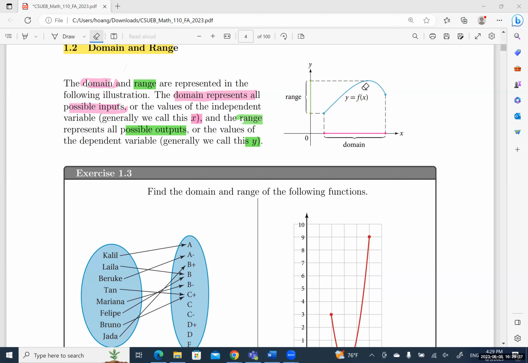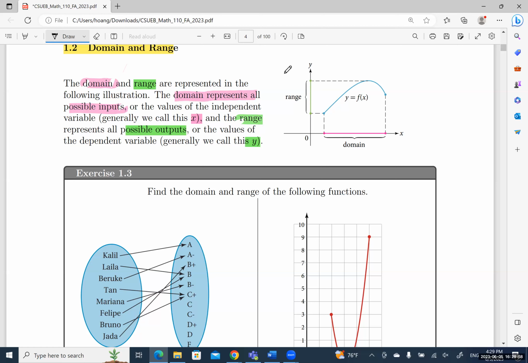You also see over here I have a graph of function f of x. It comes from this point over here to this point over here. It's like a curve, right?